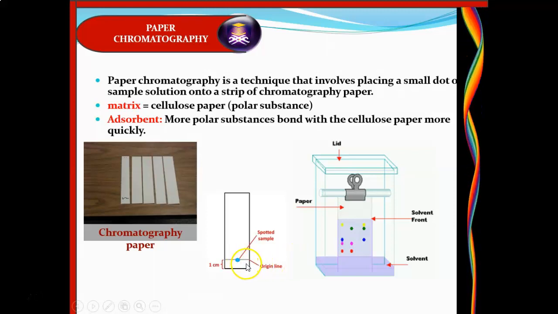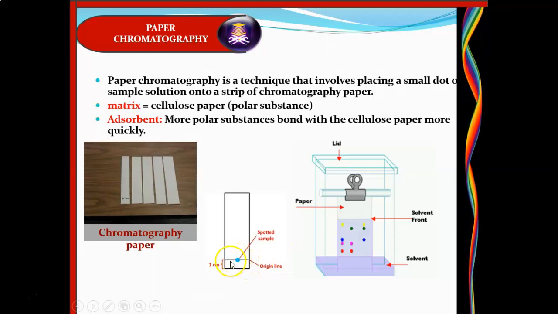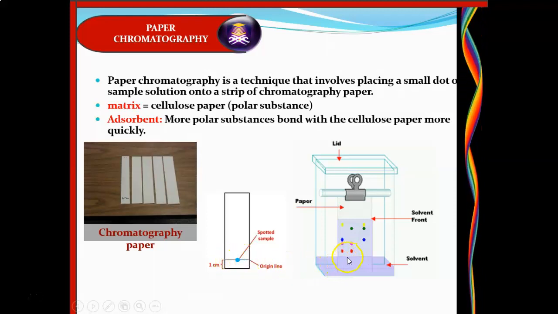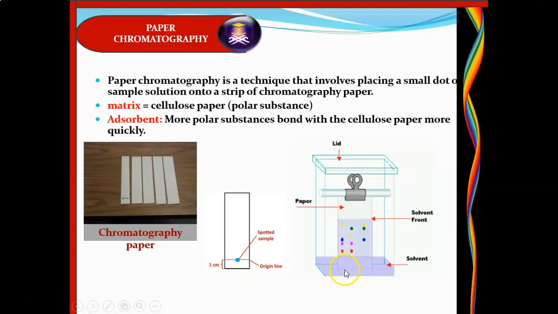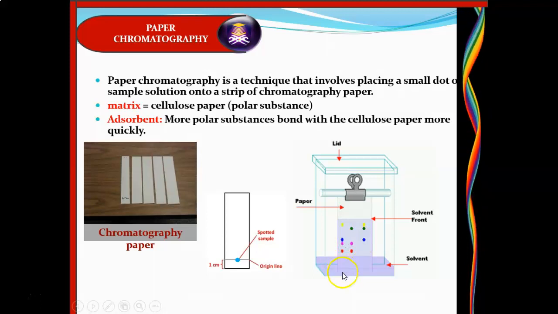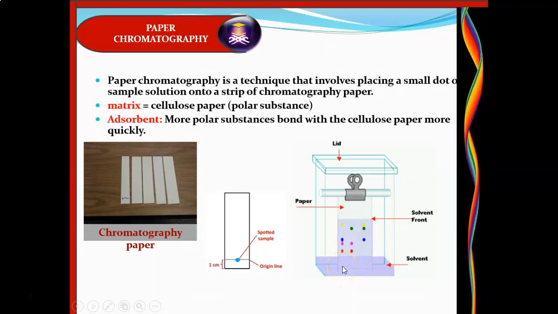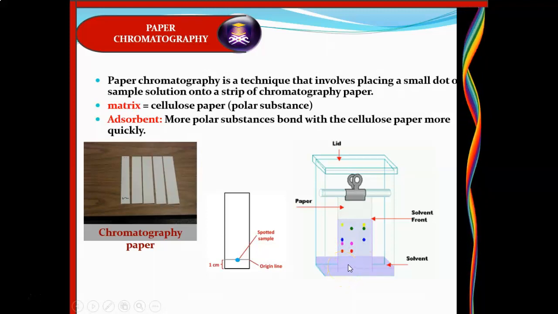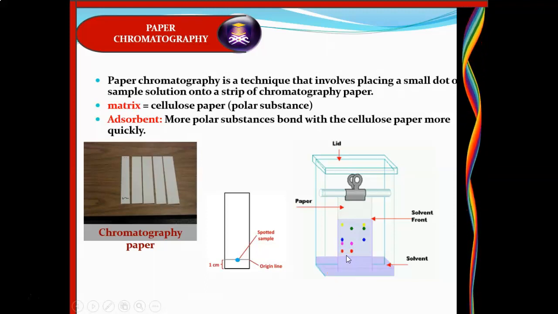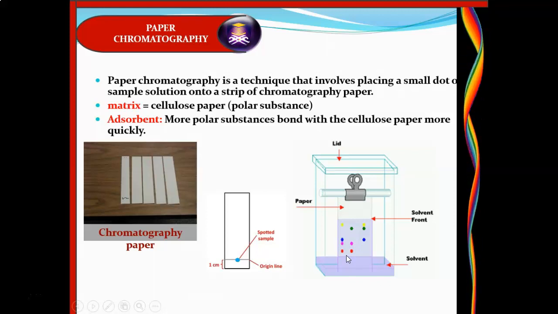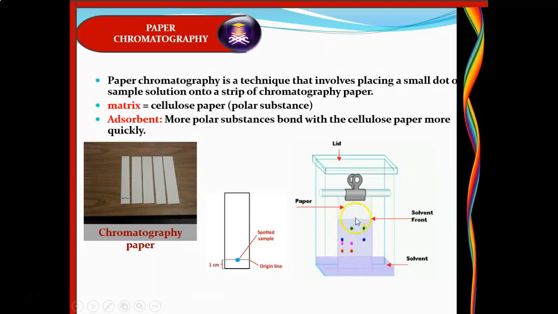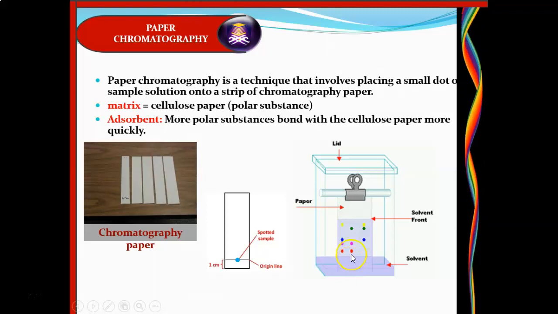If you have more than one sample, you can put the sample beside this and also beside this, like displayed in the diagram here. In this diagram, they have three spots. When the paper is immersed in the solvent, the dye will move upward, the ascending method, dia akan bergerak naik ke atas.